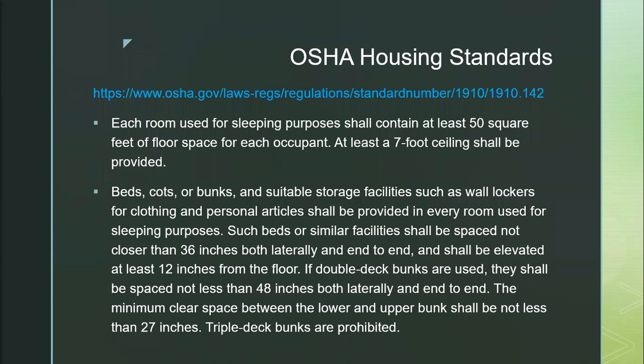Additionally, beds, cots, or bunks and suitable storage facilities such as wall lockers for clothing and personal articles shall be provided in every room used for sleeping purposes. Such beds or similar facilities shall be spaced not closer than 36 inches both laterally and end to end, and shall be elevated at least 12 inches from the floor. And so on and so forth.